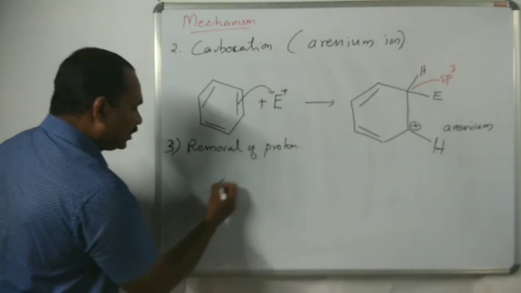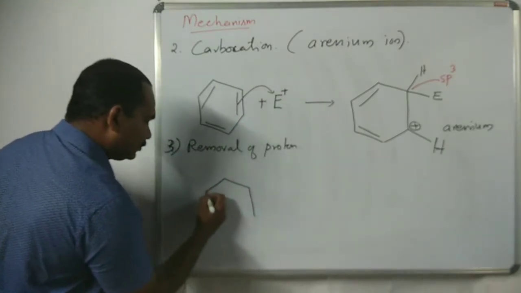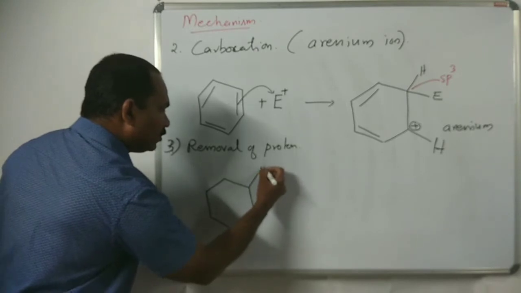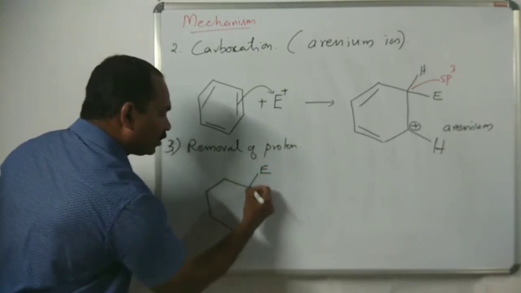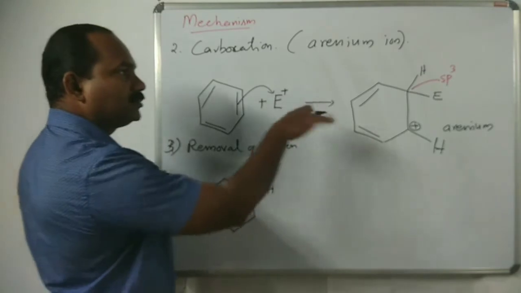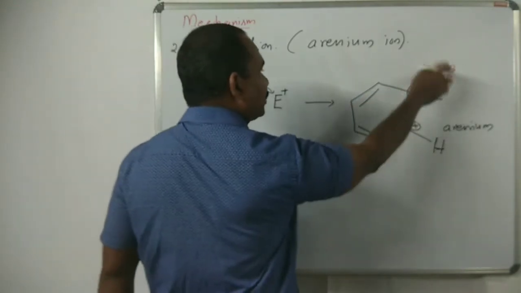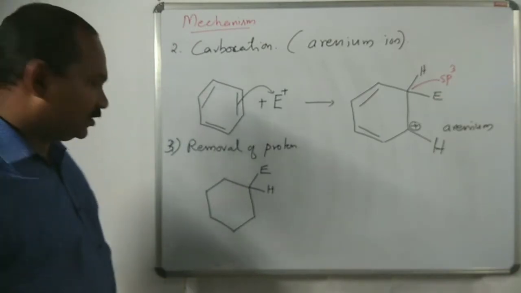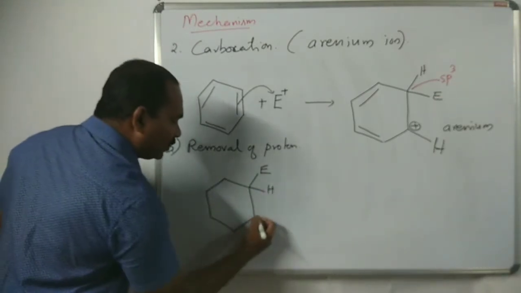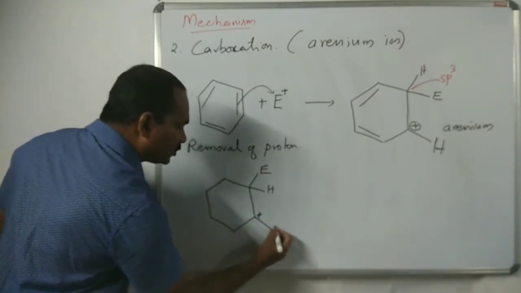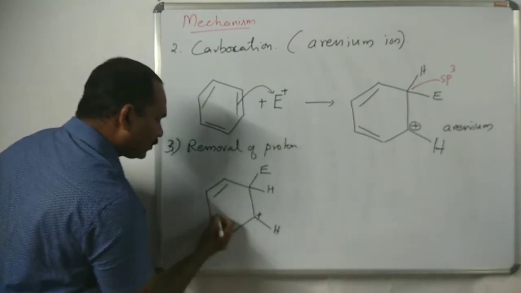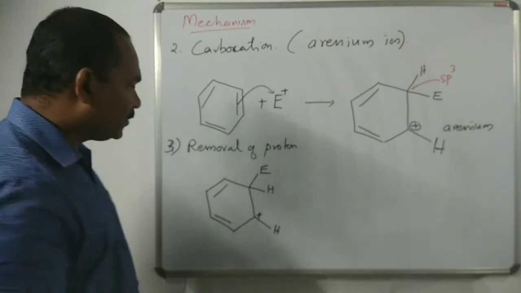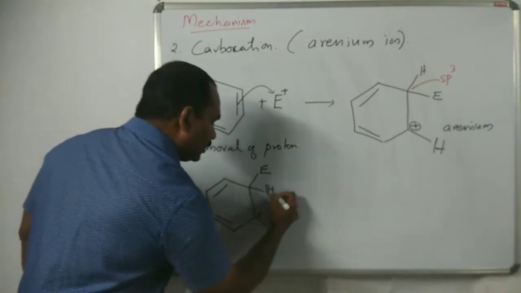That structure we consider. Hydrogen or electrophile, okay, no problem. Just reverse. The electrophile comes in the hydrogen place, hydrogen comes in the electrophile place, no problem. Then this carbon atom is positive and one more hydrogen is there. Here, this hydrogen is removed.